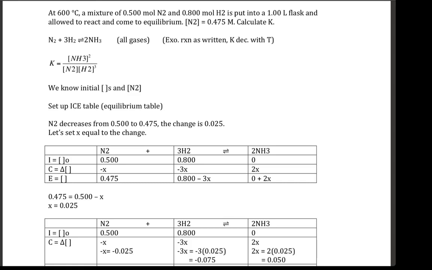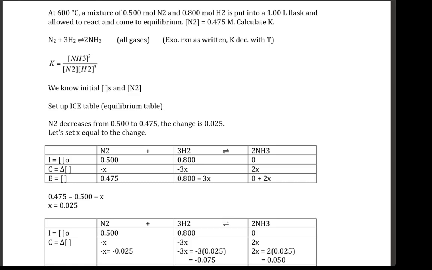That is, we see from our reaction, if one amount of N2 changes, 3 amounts of H2 have to change. So the change there we're calling negative 3x. And the NH3, its concentration is going to increase, so we have no minus there. And because of the stoichiometry, we're putting a 2x there.